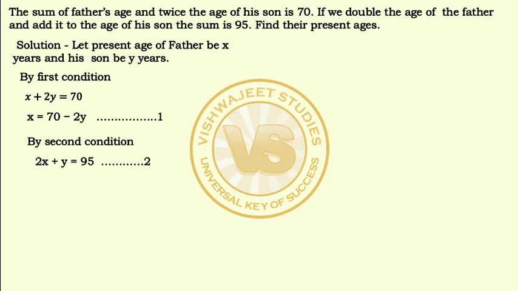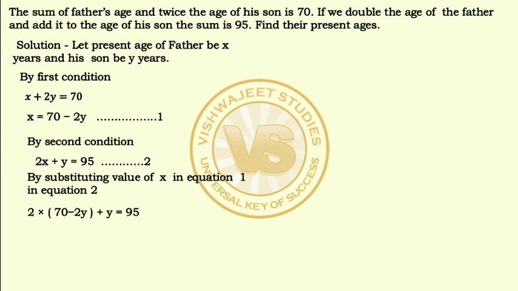We get equation as 2x + y = 95. This is our second equation. By substituting the value of x from equation 1 in equation 2, our second equation is 2x + y = 95.